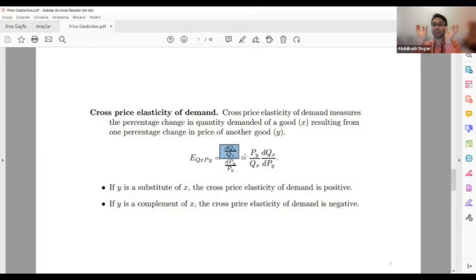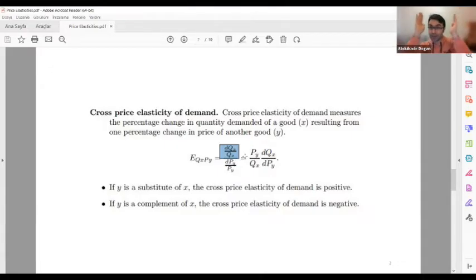These are substitutes, right? Because if this price increases, and I get the same taste, same satisfaction, same utility from the other product, I will never consume this product. I will increase consumption of that one, right? So they are substitutes. They give me the same taste. If the price of this product increases, I will increase my demand for other products.